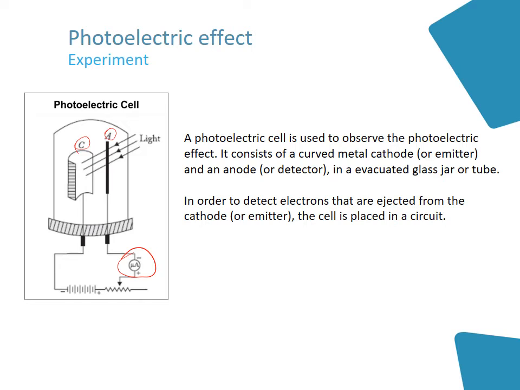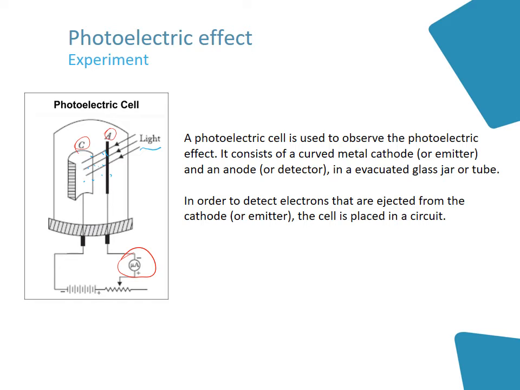So as soon as we get, you can see up there in a different color, our light being shone on the cathode or our emitter, if it's of a sufficiently high frequency, which we'll talk about in a moment, we should start seeing some electrons pop out and start being sprayed from the emitter. If they've got enough energy, they'll make it across that little gap there and be picked up by our detector.